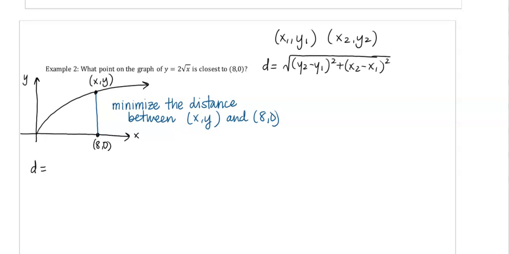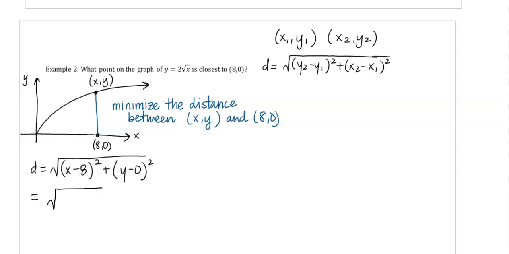That is just the distance formula. So the distance between these 2 points, I'm going to treat the x, y as my second point. So that is x minus 8 all squared plus y minus 0 all squared, which is simply the square root of x minus 8 squared plus y squared.